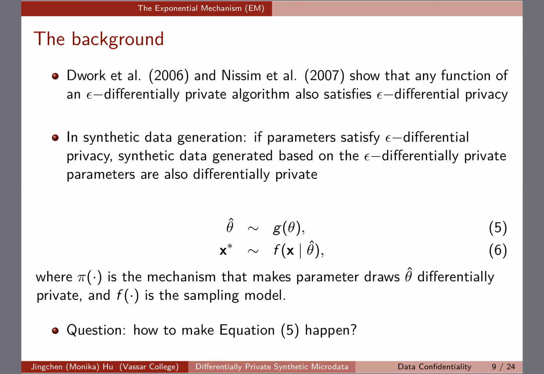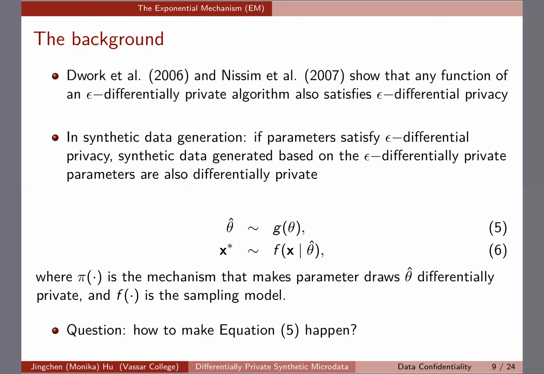I get the theta hat from equation 5, which we will show you how to get done, and then we do a simple linear regression draw. We get the beta hat and the sigma hat, and then with our predictors we get our synthetic data, which will be differentially private as well.